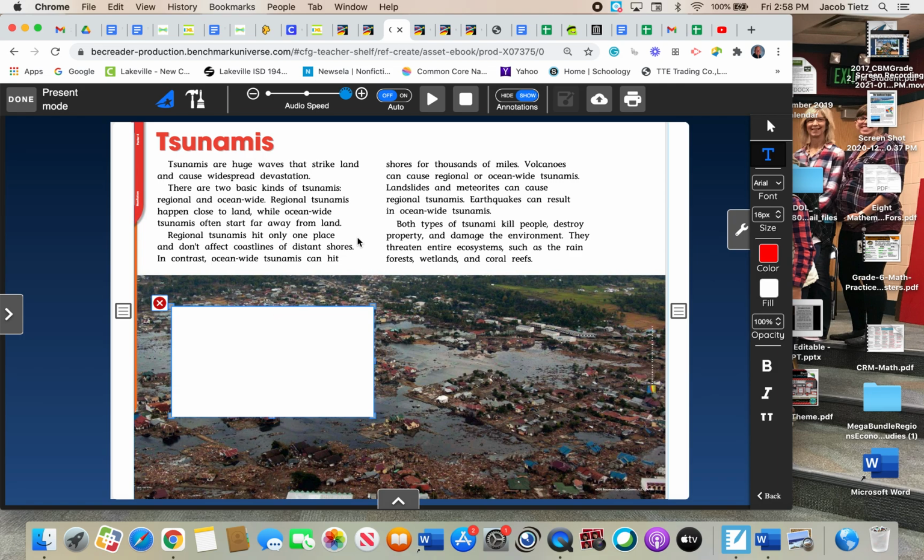So let's put down for the first one, regional and ocean-wide tsunamis both kill people.